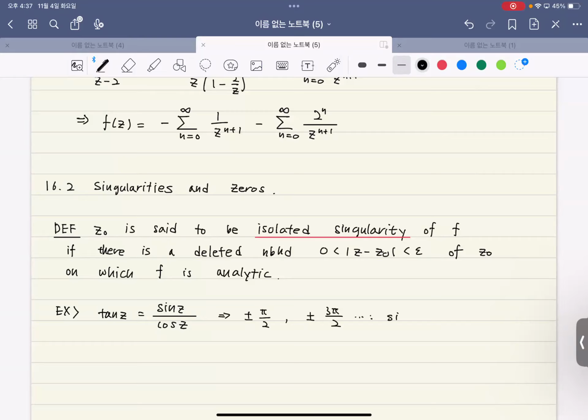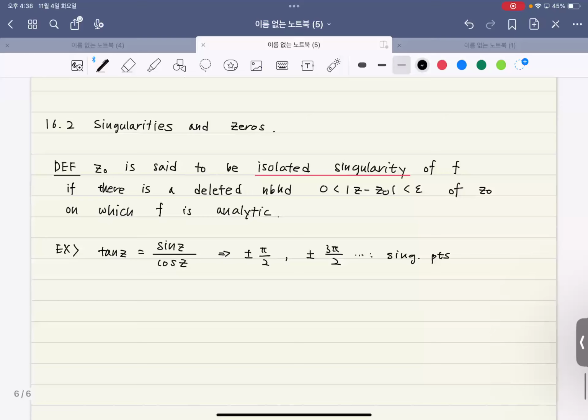These are all singular points. And are they isolated? Yeah, they must be isolated. So these are all singular points of this function, and they are isolated.